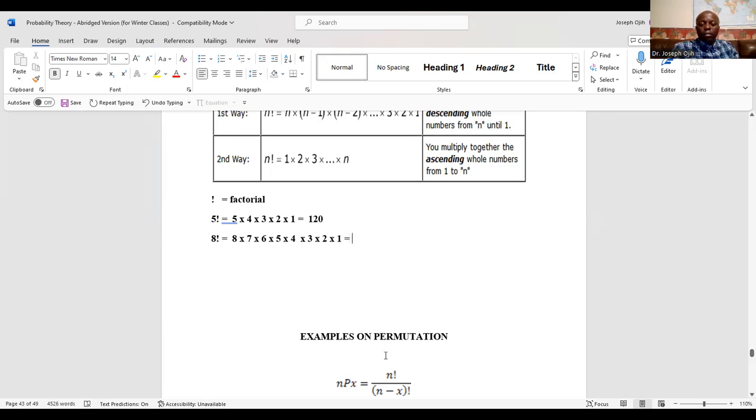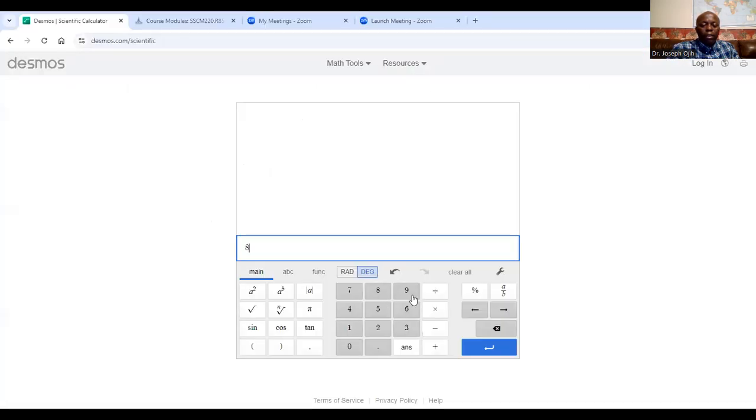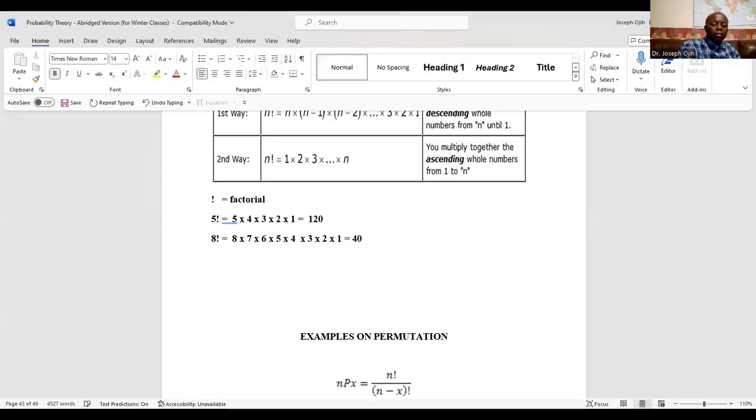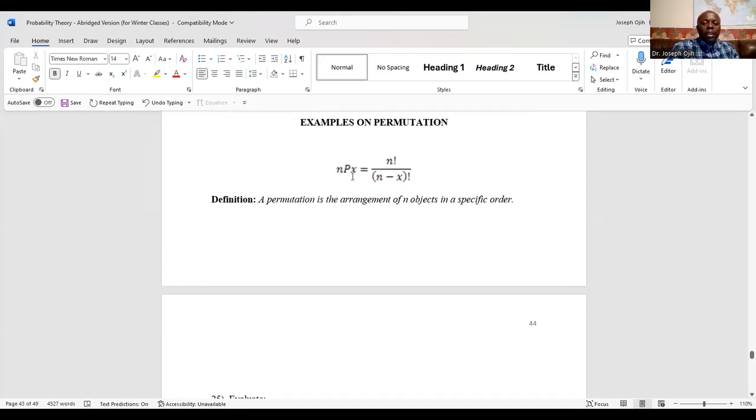So you can go and put it in the calculator, and we have 40,320. So that's when I say nPx equals n factorial over (n minus x) factorial.